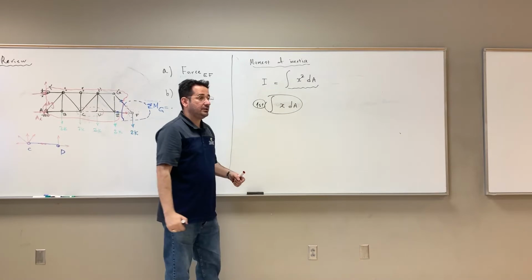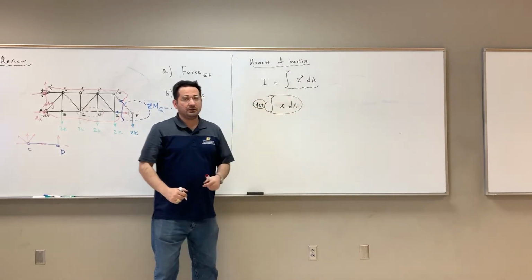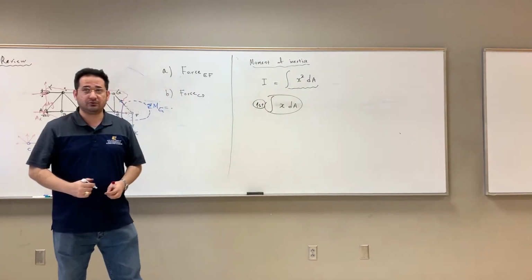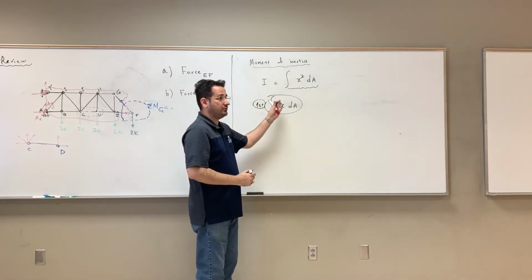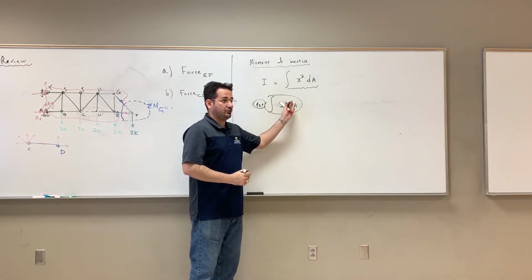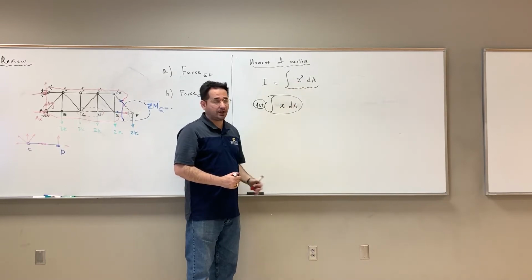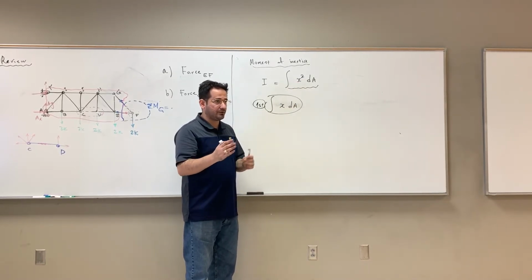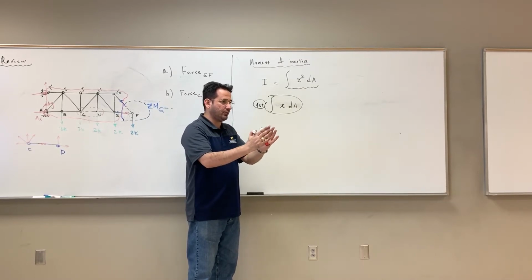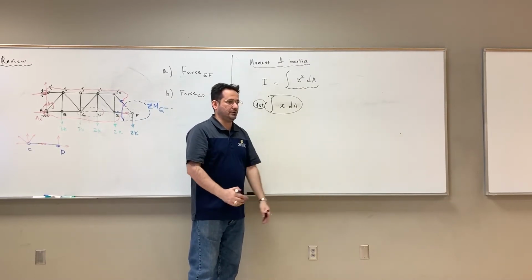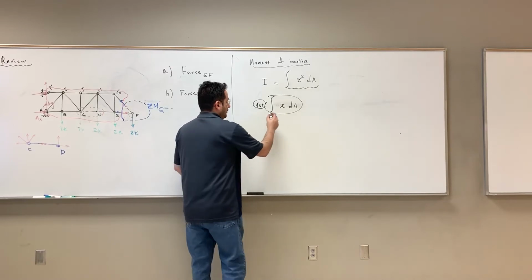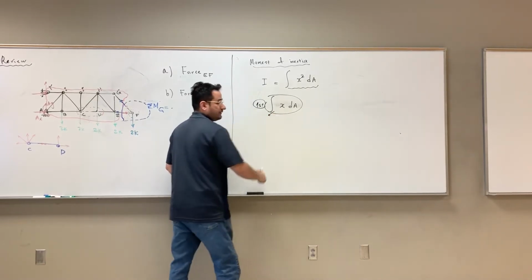And then finally, we try to use the tables instead of doing integrals, because engineers don't want to do mathematics. But you have to do it once to understand how they derive it. But once you understand how they derive it, you just go to the appendix and say, well, this is the formula for moment of inertia. Now I'm going to use it. Okay? So let's first work on the first integral.